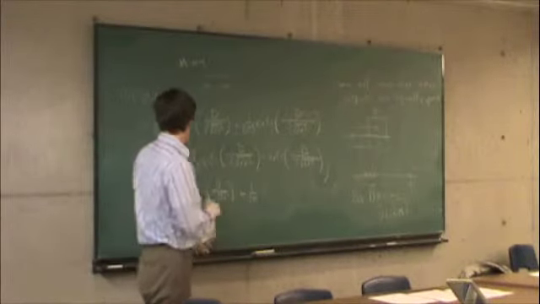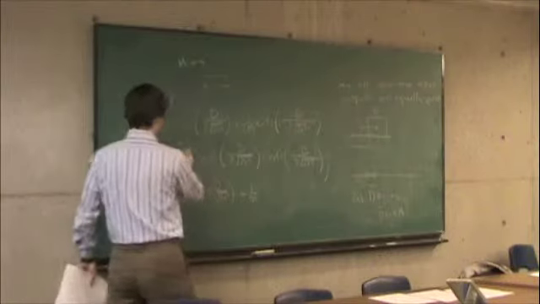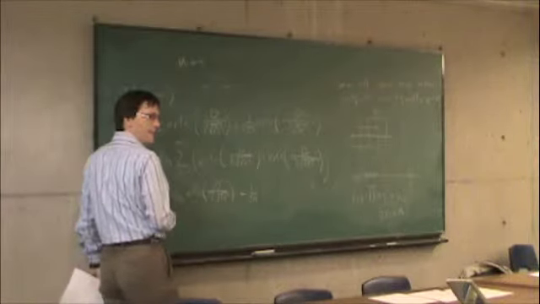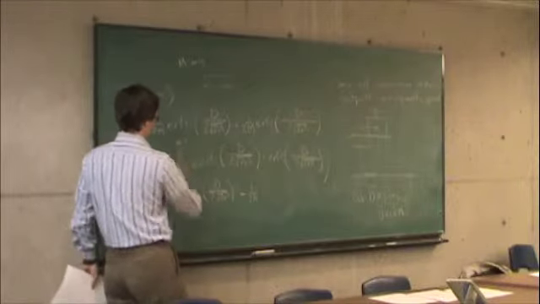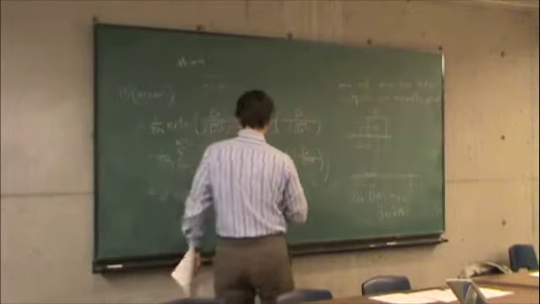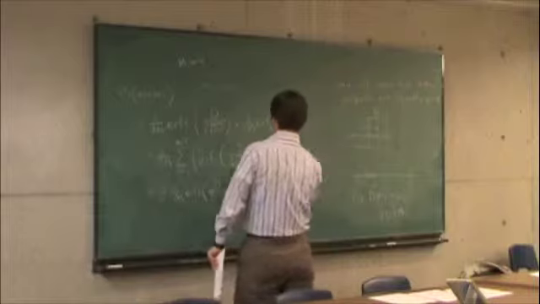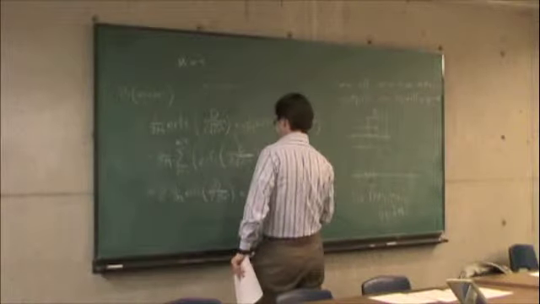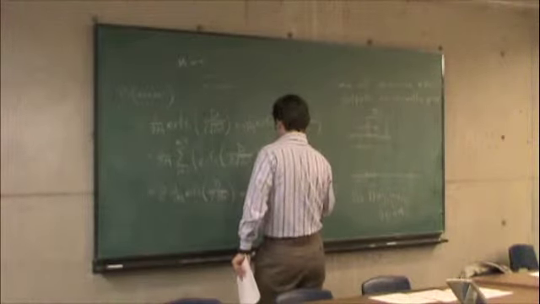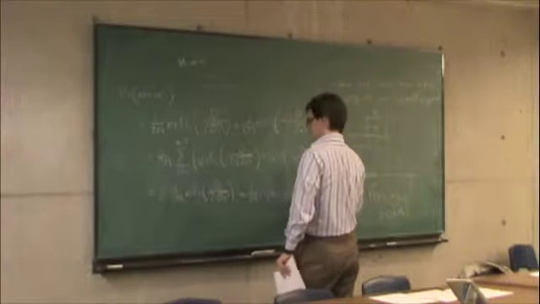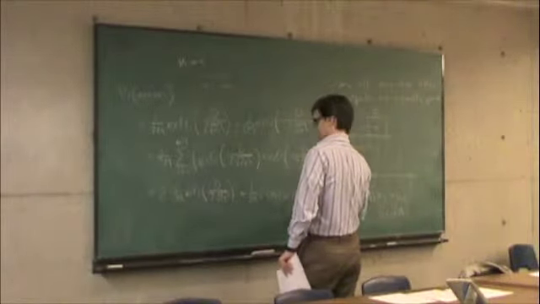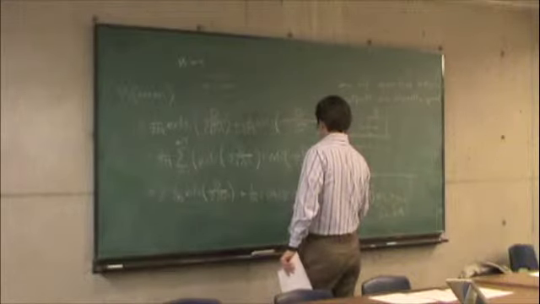How many terms are there here? M minus 1, or m minus 2. Sorry, from 1 to m minus 2, so there's m minus 2. There's 2 of these, so that's 2 times m minus 2 per c d over 2 sigma squared.